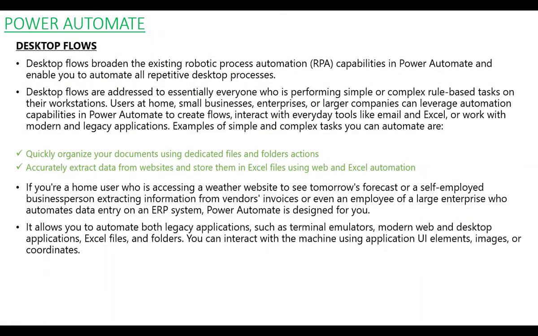Desktop flows are used to perform simple or complex rule based tasks on workstations. For example, you can quickly organize your documents using dedicated file and folder actions, and accurately extract data from websites and store it in Excel files using web and Excel automation. Microsoft now gives the Power Automate desktop tool pre-installed on Windows 11 machines, so you can just search for it in your Windows search bar.